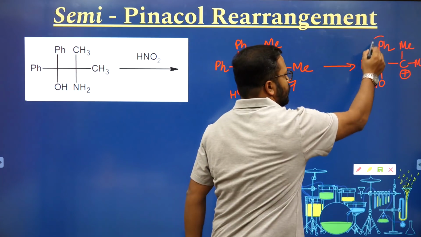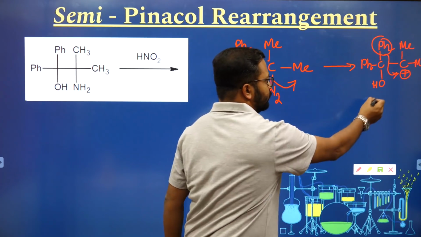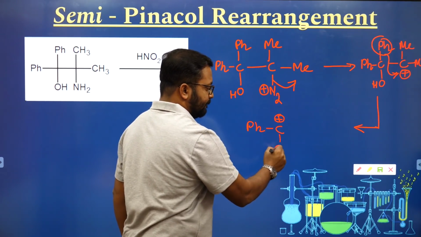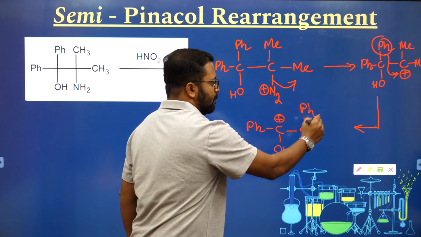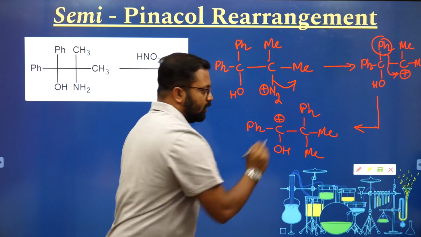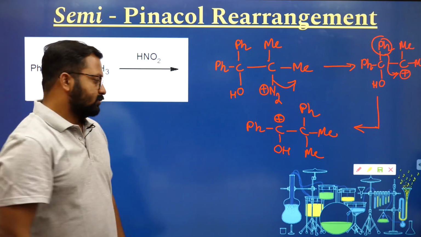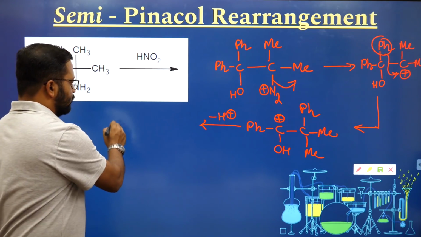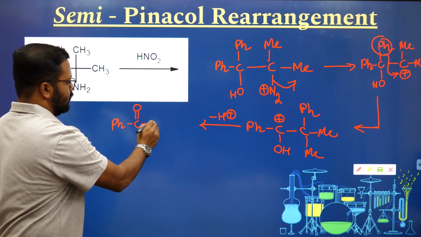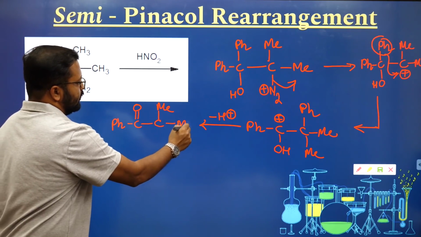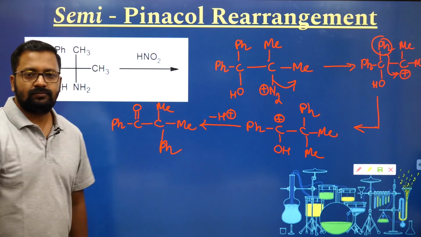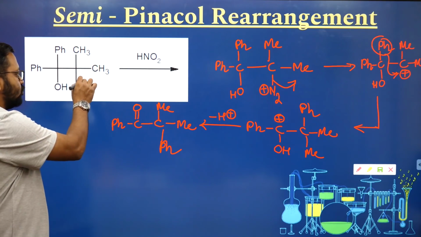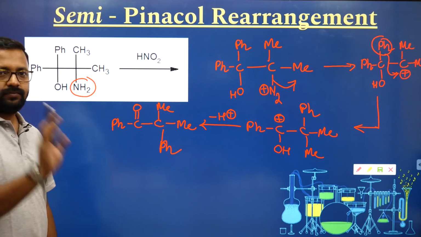Now one of the phenyl groups will migrate. You'll get this carbocation, which will now lose the H plus ion to form Ph, C double bond O, C, Me, Ph. Okay, very simple. If HNO2 is given, NH2 will be removed, not OH.